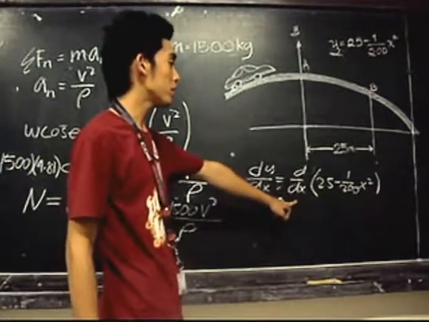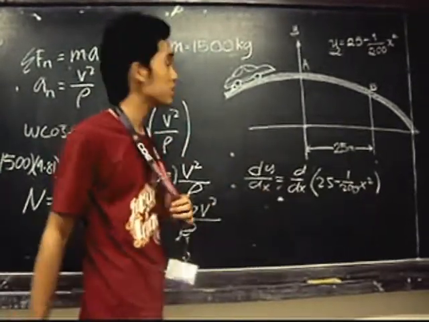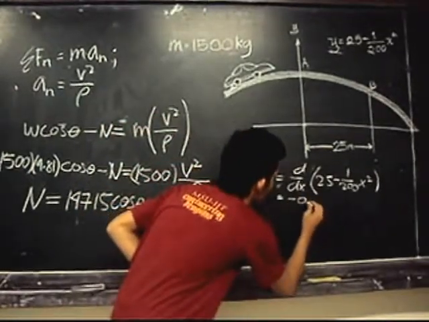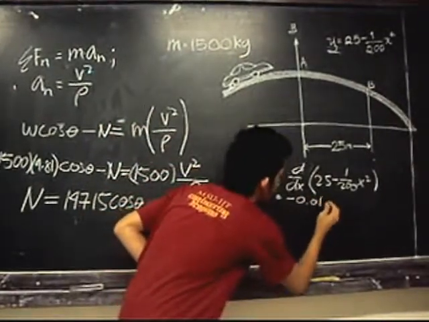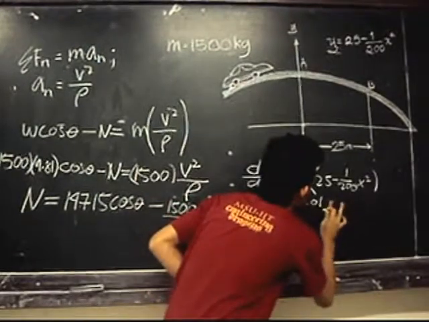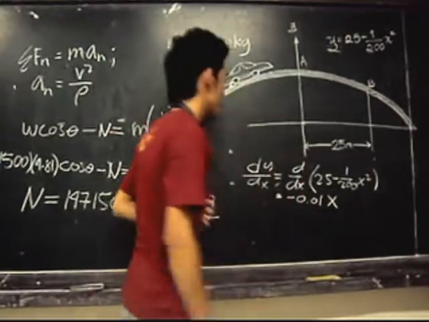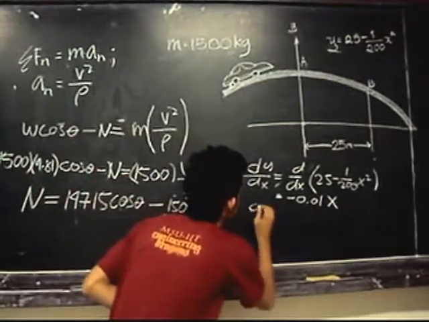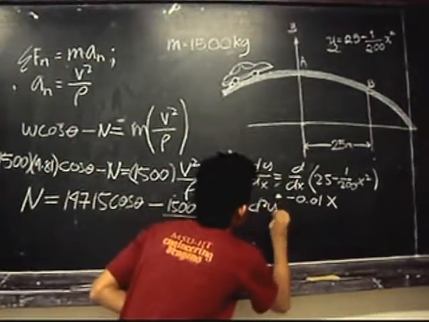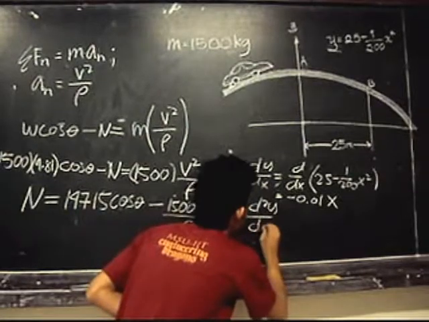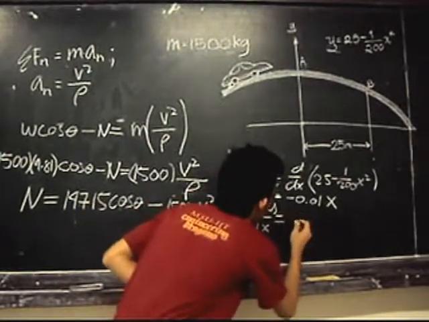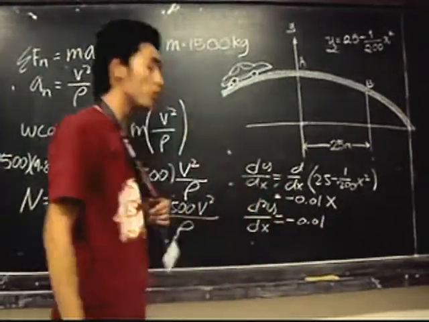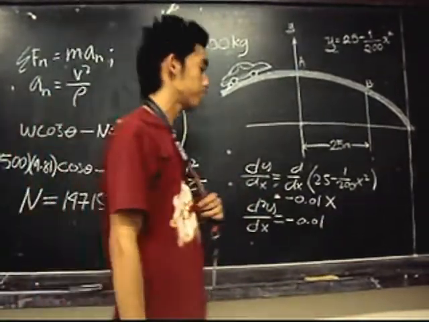The first derivative with respect to x is negative 0.01x, and the second derivative of the equation is negative 0.01.